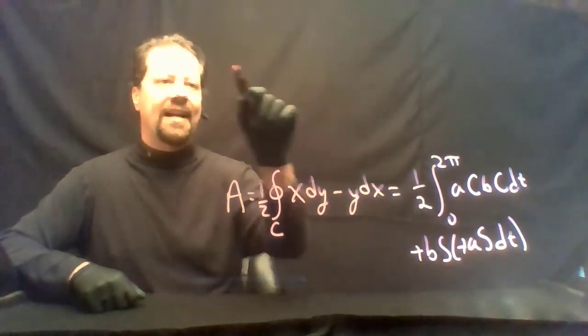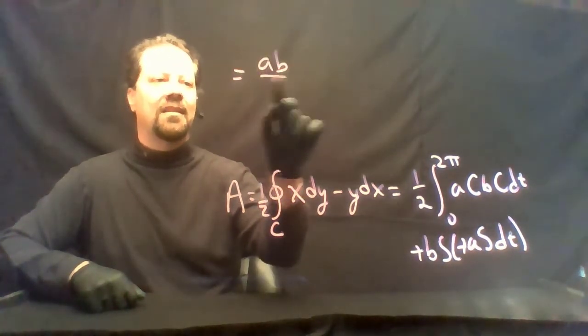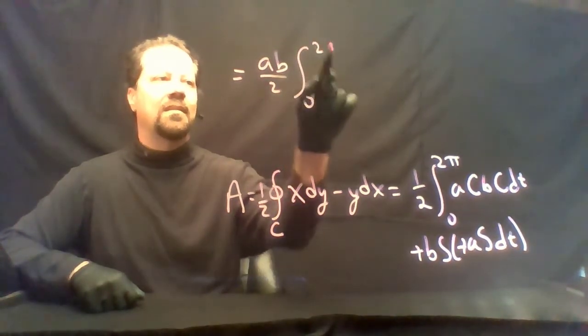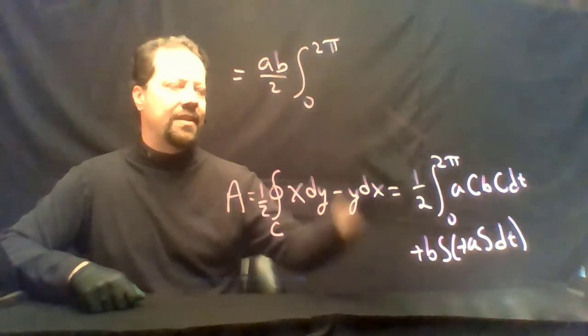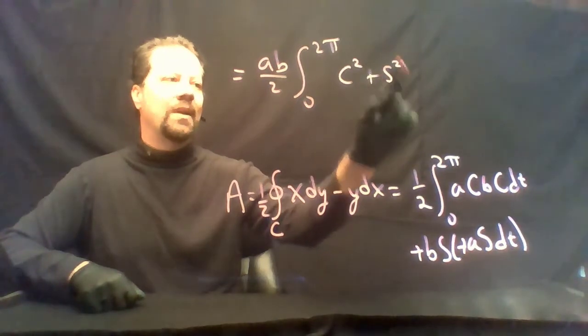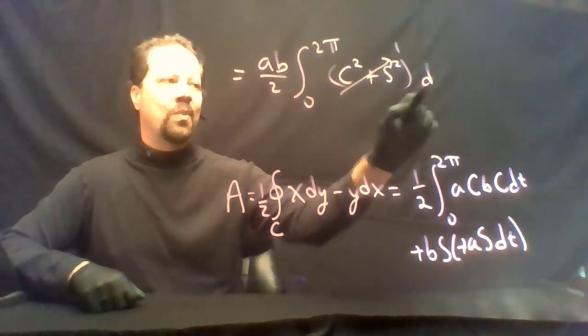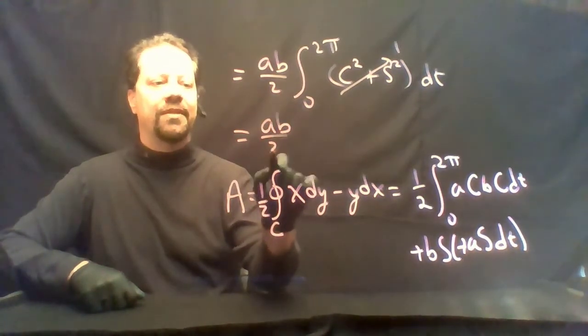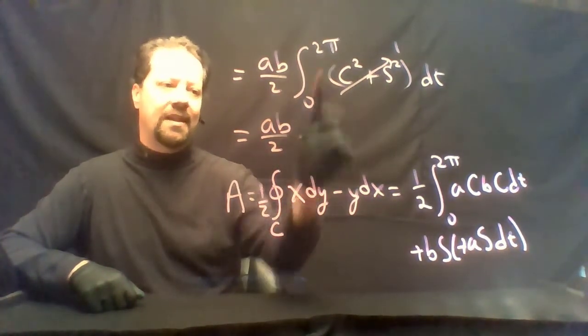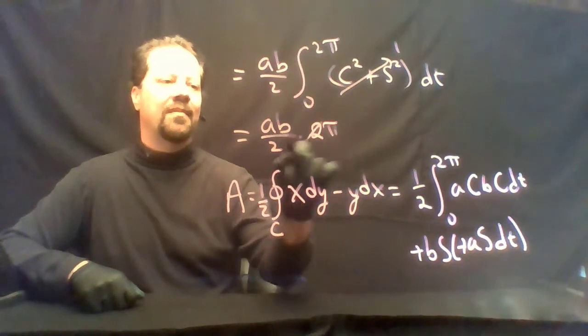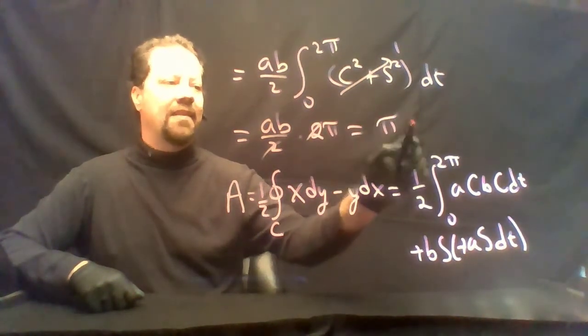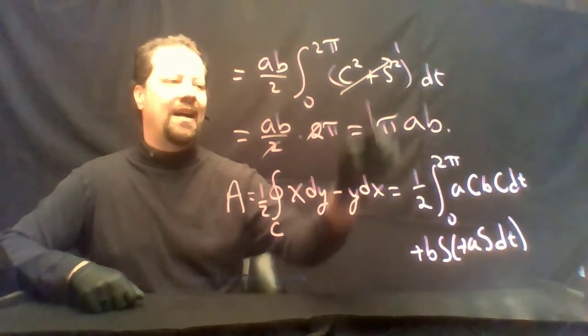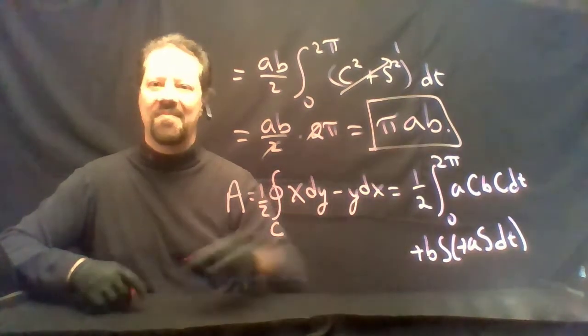We can factor that out. All that's left is cosine squared plus sine squared, which is 1. So we get the coefficient AB over 2 times 1 times 2 pi. And the area of the ellipse is pi AB.